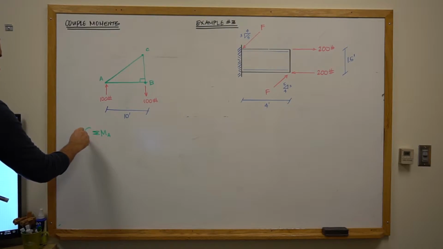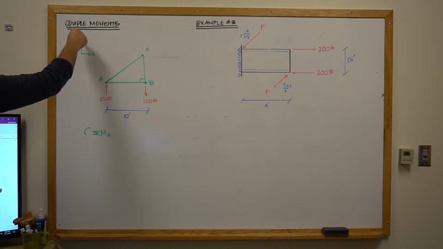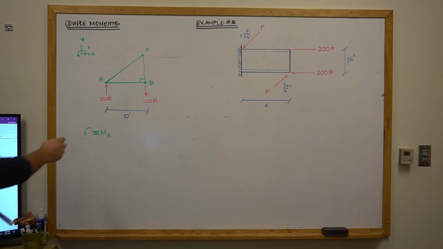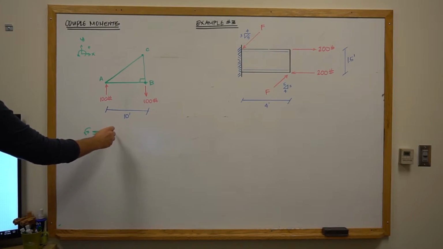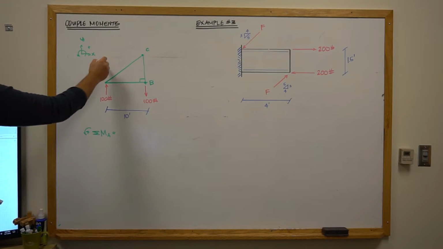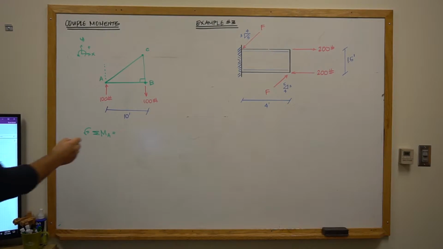about point A, and here I'm essentially making this a free body diagram, so I will draw my coordinate system as well. If I'm summing the moments about point A and counterclockwise is positive, I'm going to have this 100 pounds right here, but the line of action of the force goes right through point A, and so it has no perpendicular distance.